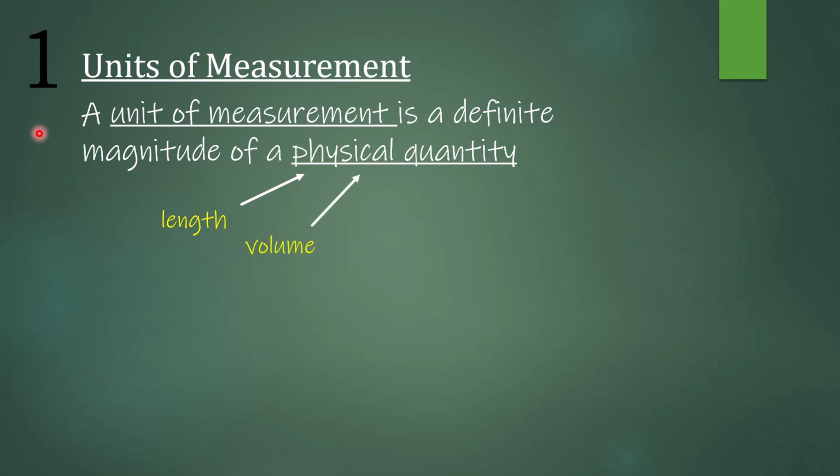Volume, units such as cubic centimeters or milliliters, liters, gallons, quarts, again describing the physical quantity of volume. Pressure, units such as atmospheres or bar, torr, pascals to describe some quantity of pressure. Speed, units such as meters per second or miles per hour to describe the magnitude of speed.